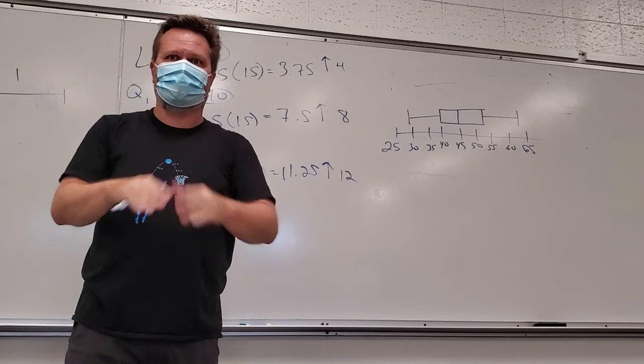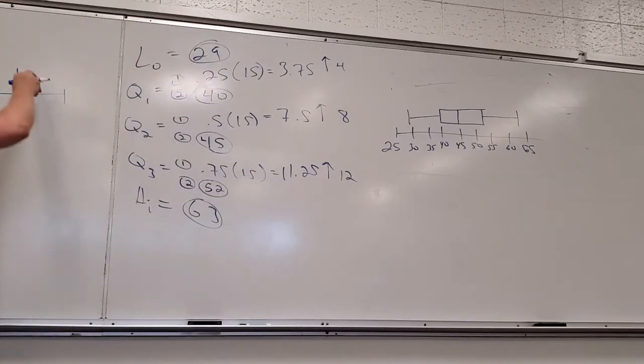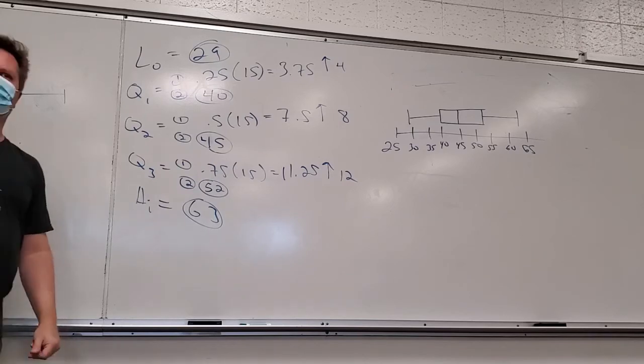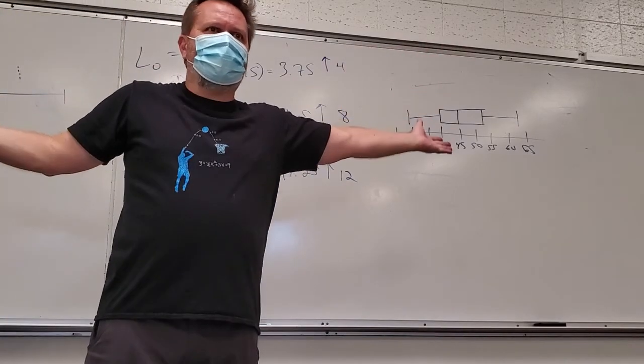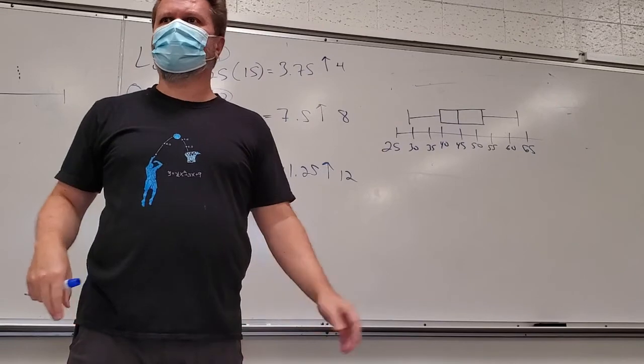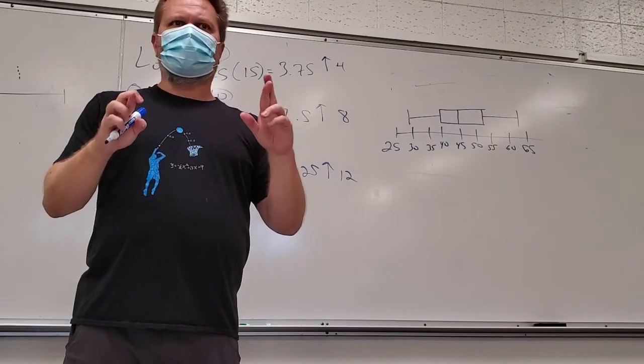I would just put a sentence: all the data was the same. What would the standard deviation be for that? 0. None of them get away, they're all right there. So the standard deviation is 0.